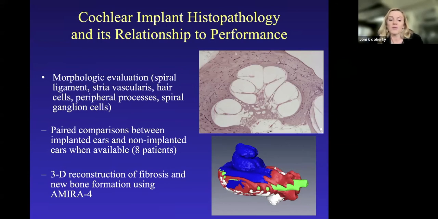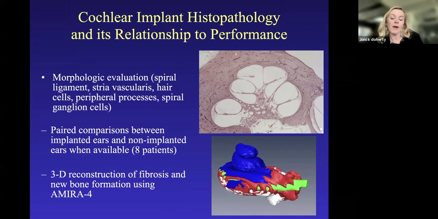In the early days, it was only 8 patients, but since then there have been many patients, and it's been shown, and I'll show you some of the data later, that there really isn't a difference in the spiral ganglion counts between the implanted and the non-implanted ear, indicating that long-term use of a cochlear implant does not affect the spiral ganglion neuron population.